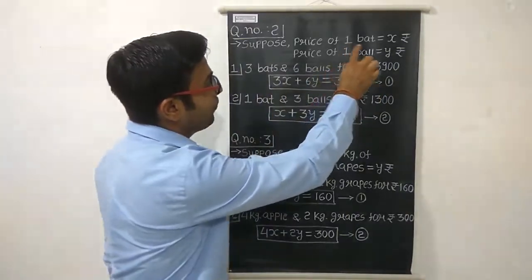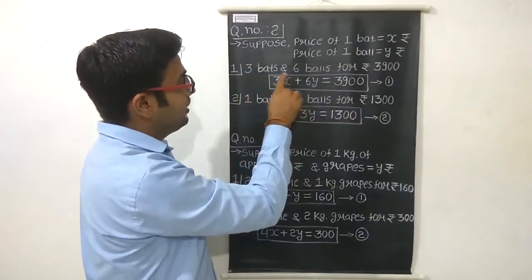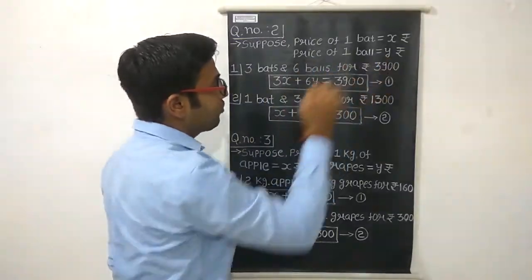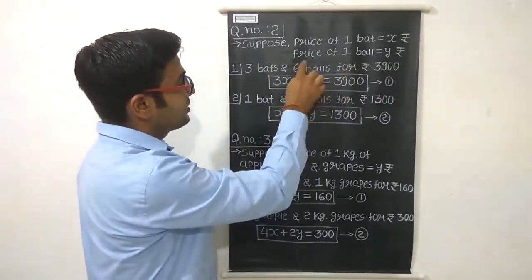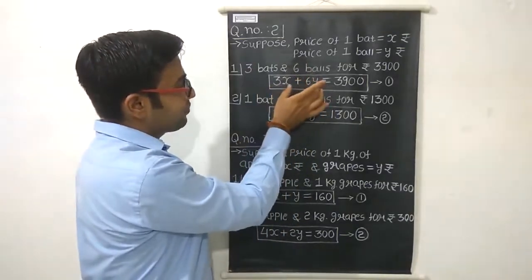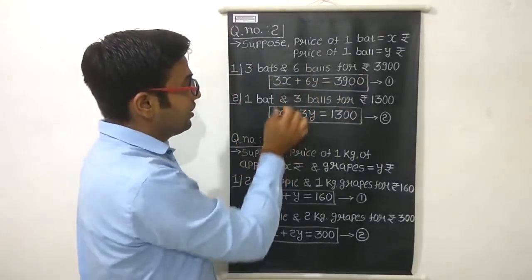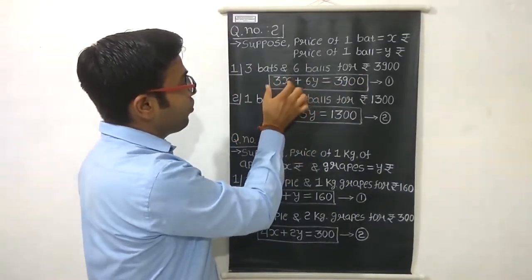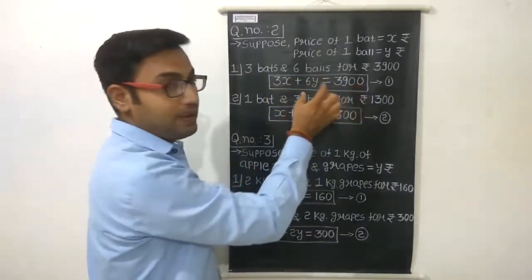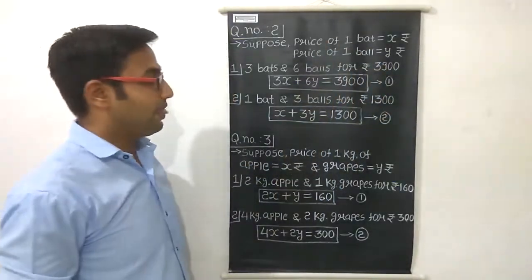The price of one bat is x rupees, so the price of 3 bats will be 3x. Similarly, the price of one ball is y rupees, then the price of 6 balls is 6y. Altogether, 3x plus 6y, she has to pay 3,900. So this is the total price of bats, the total price of balls, and in total she pays 3,900. So this will be the first equation.